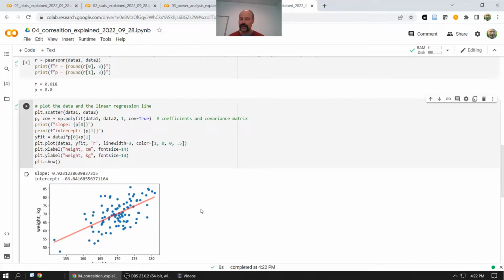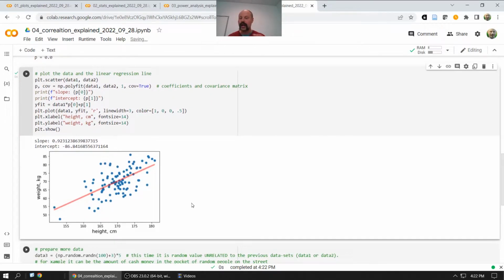What we observe here is that there is a cloud which is diagonally organized with shorter individuals having less weight and higher individuals having greater weight.